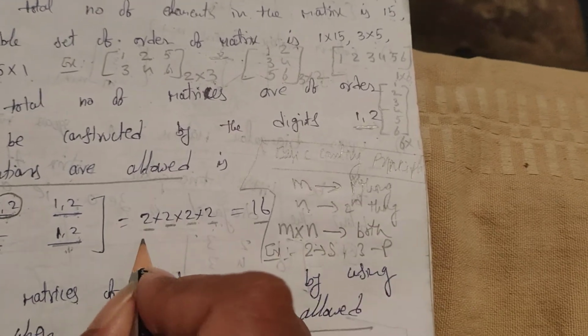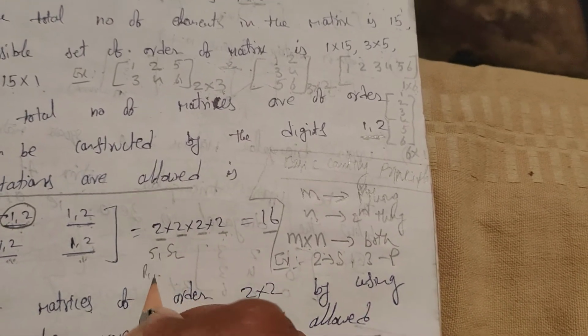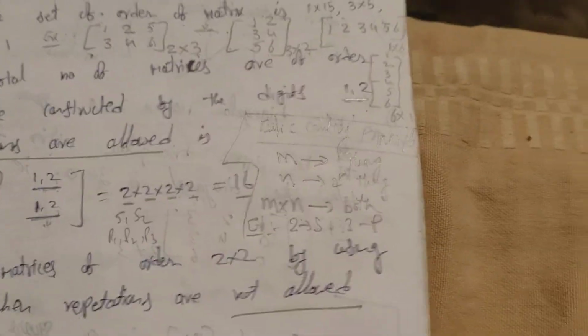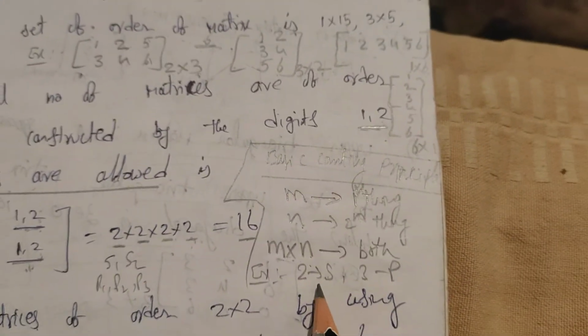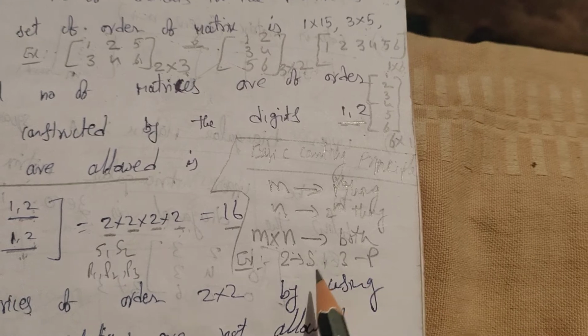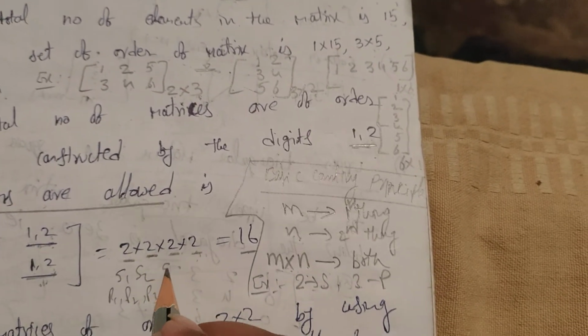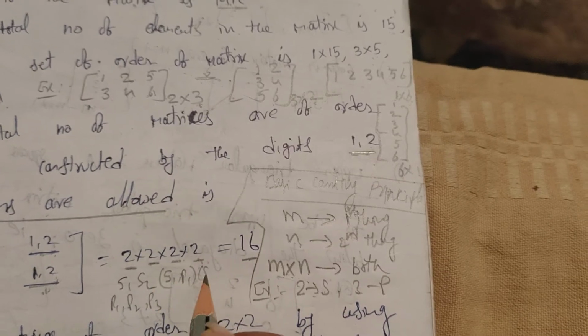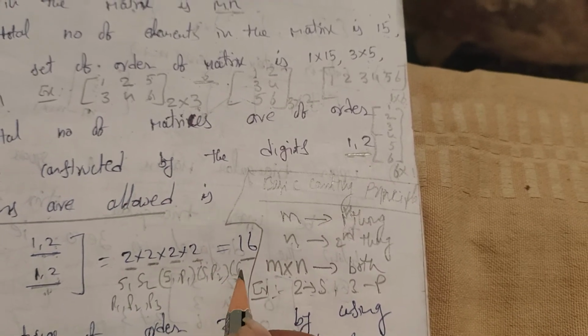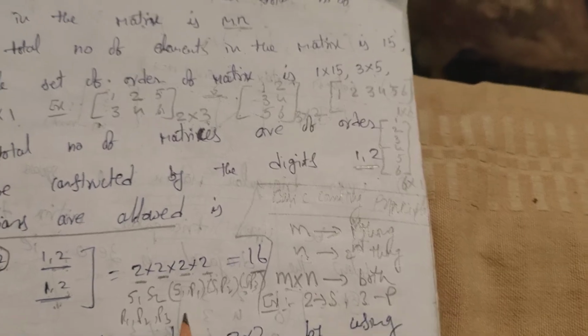Let us consider shirts S1, S2 and pants P1, P2, P3. Without analyzing, I just give the answer 6. How do you get 6? S1 P1 is one pair, S1 P2 is another pair, S1 P3 is another pair. So 3 possibilities.